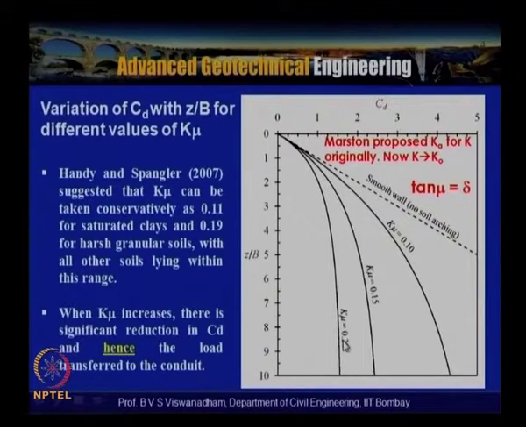When K mu is increasing, there is a significant reduction in CD, hence in the load transferred to the conduit. So when K mu increases, the CD value decreases significantly, and that implies that the load on the conduit also reduces.